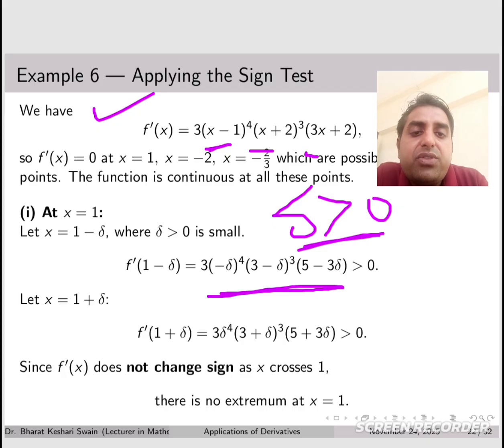So if I put 1 − δ in place of x in your f'(x), we get 3 times (−δ)^4 times (3 − δ)^3 times (5 − 3δ).